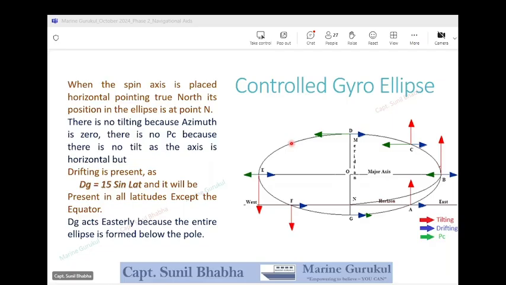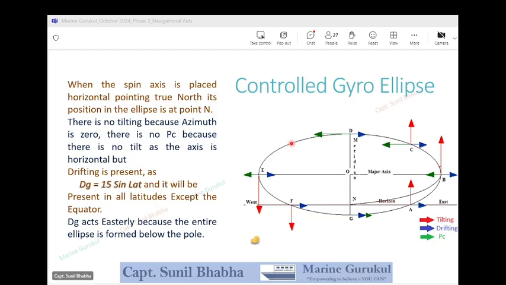Drift is also there, but we have not considered drift anywhere here because drift is basically the azimuth, beta, how far away from the meridian you are. So at points Delta and Golf, your azimuth or drift is 0. Other than Delta and Golf, at all the other points azimuth is present. Okay, all right. Great, beta. Very good.